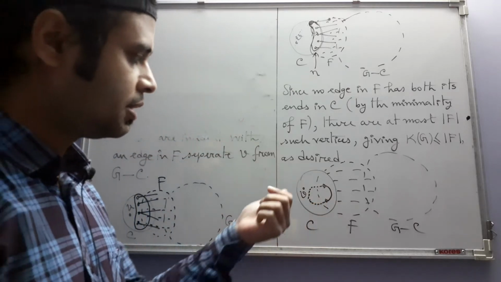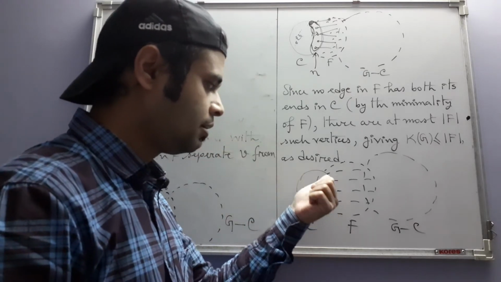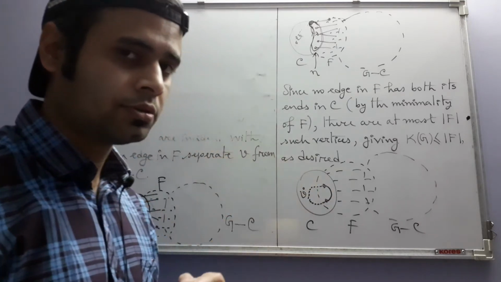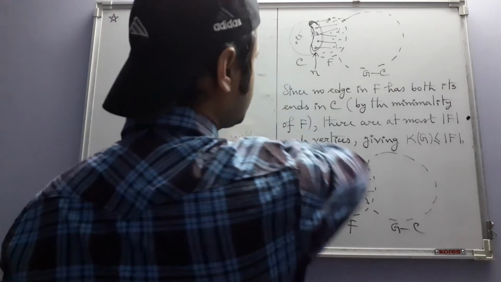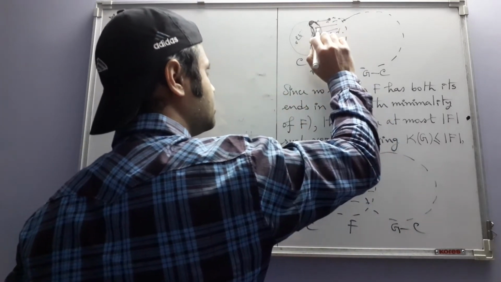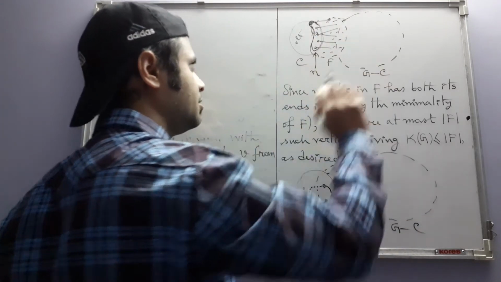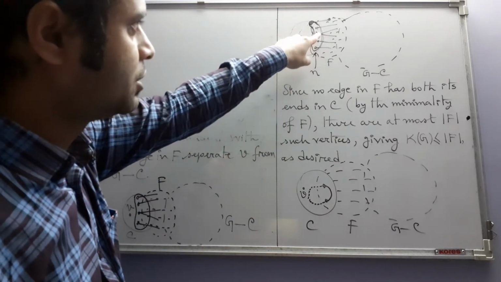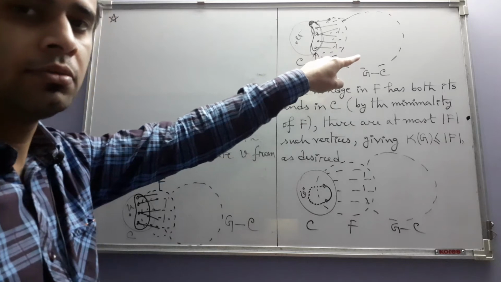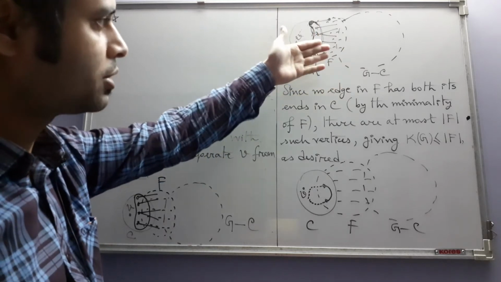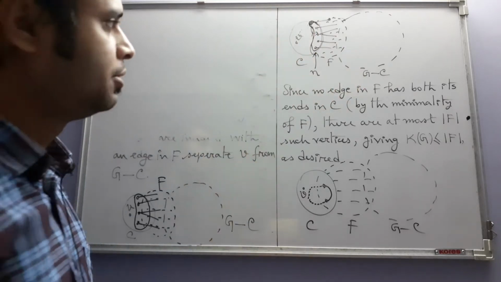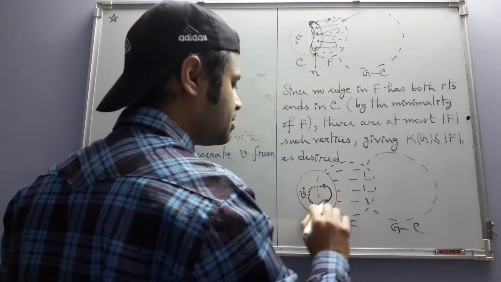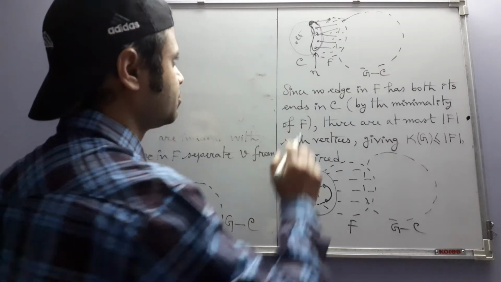If that happens, then those two vertices must be the ends of that edge. However, that we have seen is not true. So different vertices correspond to different edges from F. We may have a vertex like this which is incident with more than one edge from F. That is possible, but two vertices cannot be incident with the same edge in F.